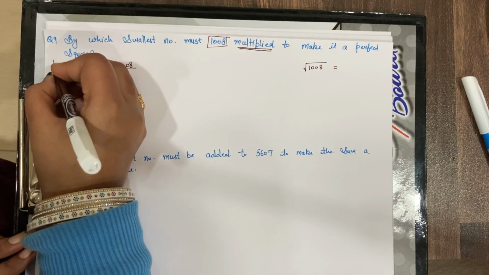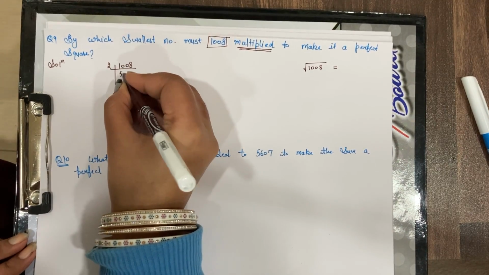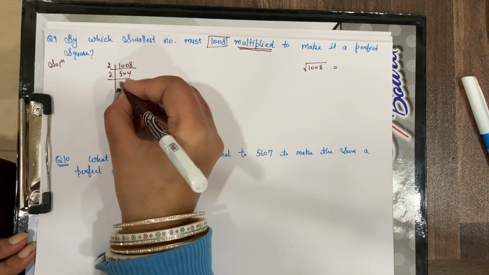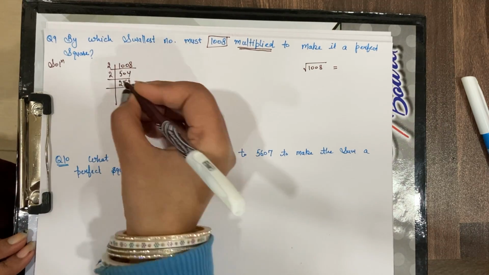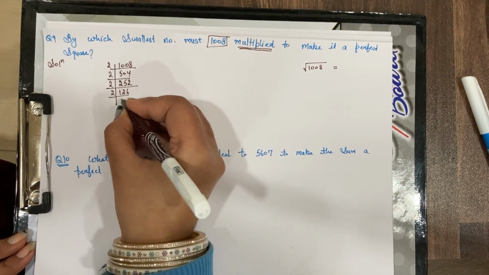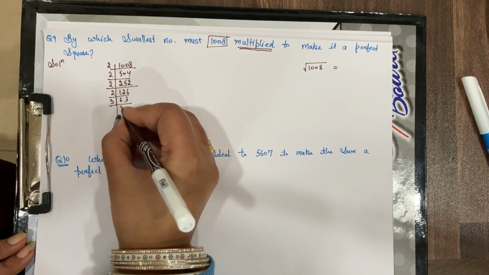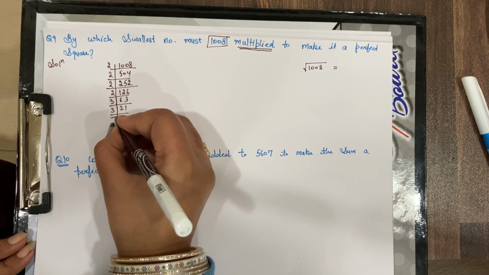As you know, it is an even number, so we'll start with 2. We get 504. Then again it is divisible by 2. We get 252. Again on 2, 126. Again on 2, 63. On the table of 3, 21. On the table of 3, 7. On the table of 7, 1.